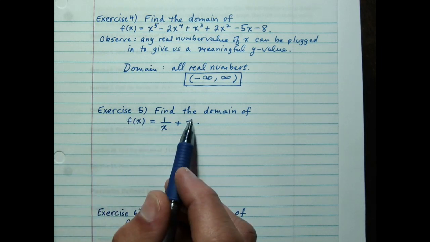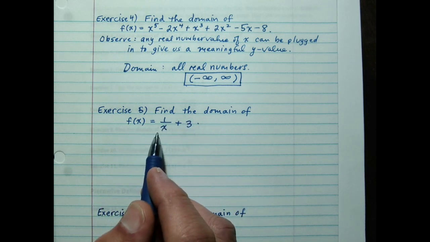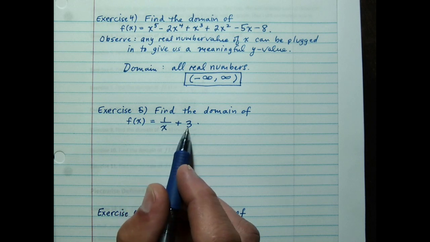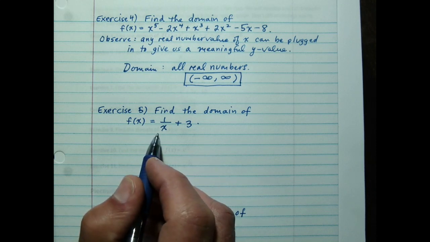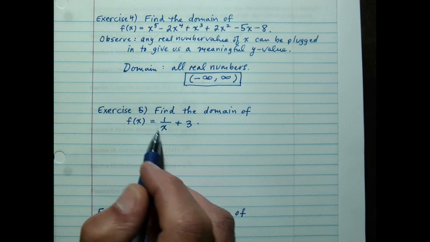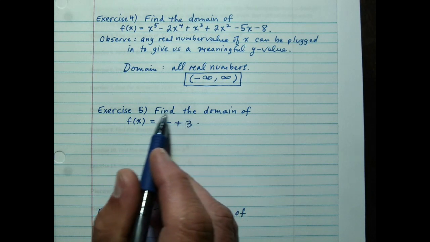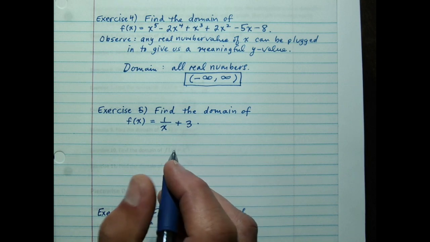Okay, exercise 5 in this section. Find the domain of the function f of x equals 1 over x plus 3. Now this is different from the previous example because here I can see that I cannot plug in every real number value for x to get something that makes sense.